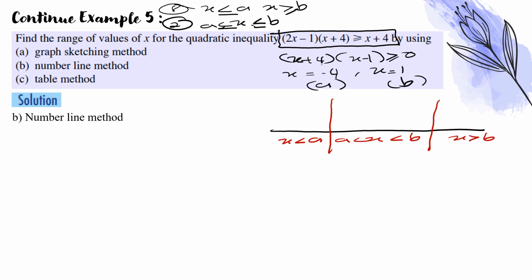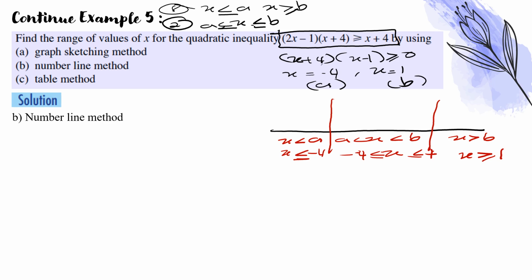Since a is negative 4, x is less than negative 4. Our inequality there is equal, so x is less than or equal to negative 4, then less than or equal to 1, and x is more than or equal to 1. Our b is 1.